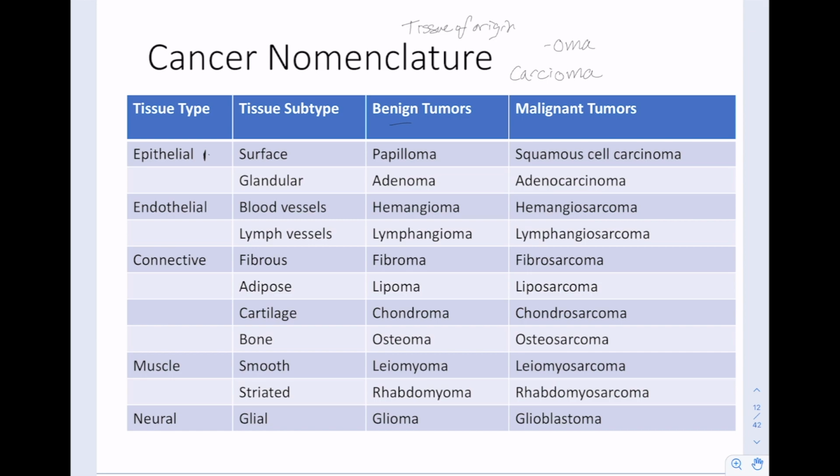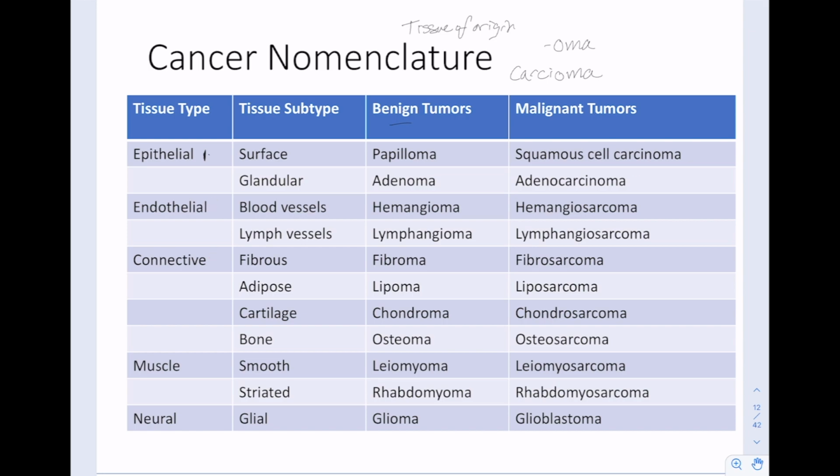We'd get a little bit more specific. Looking at the different types of epithelia, if it was at the surface, that would be a papilloma for benign. If it was glandular, it would be adeno. That prefix means glandular tissue. So adenoma is a benign tumor of the glandular tissue epithelium. If it's an adenocarcinoma, that's a cancerous epithelial-derived glandular tissue, malignant, damaging neoplasm.